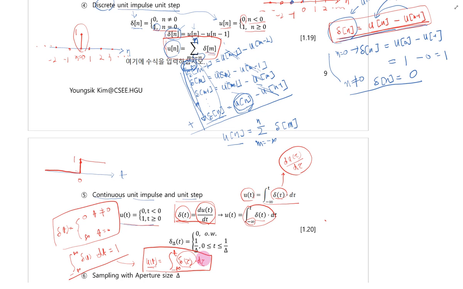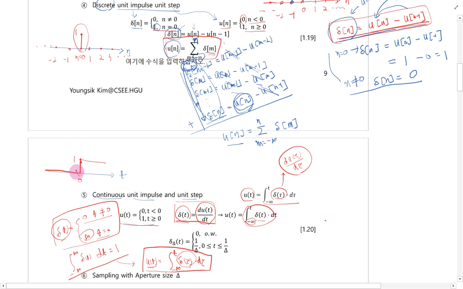In the discrete domain, impulse and unit step are quite easy to understand because it is clear to look at here that the value is specific. But in the continuous domain, there is some ambiguity because the impulse function has infinite value at t equals 0. If t is not equal to 0, it is 0. And the unit step has an infinite slope at t equals 0.